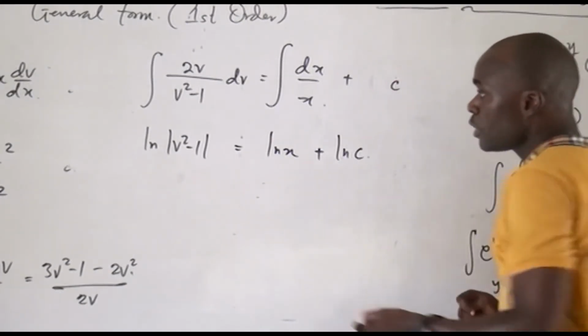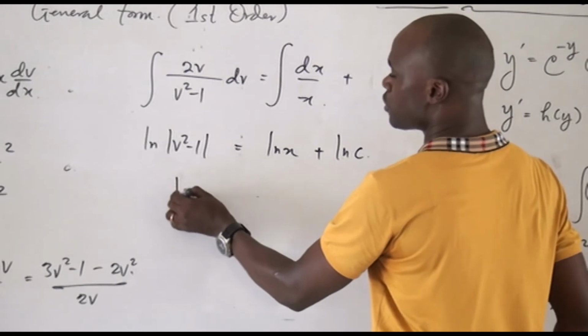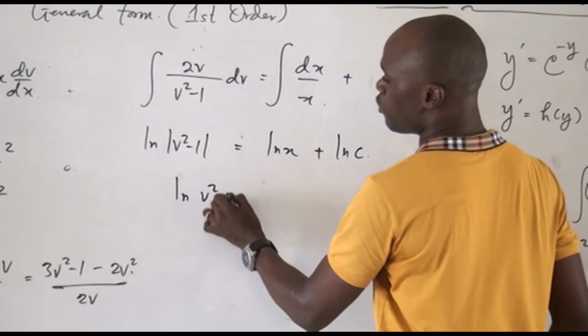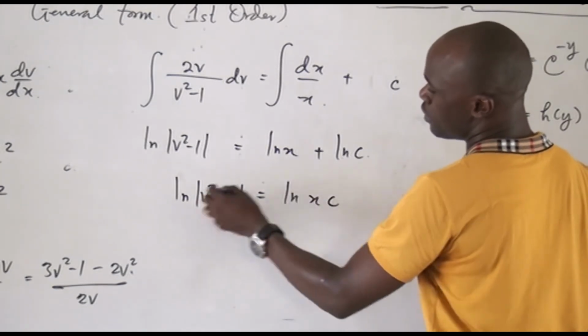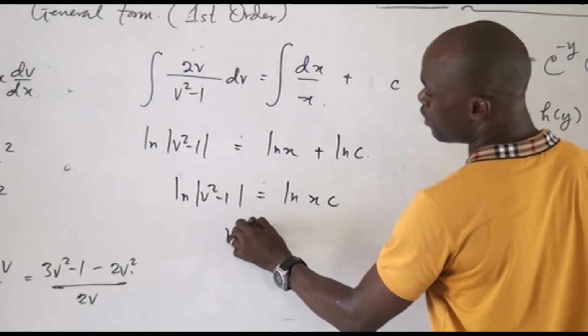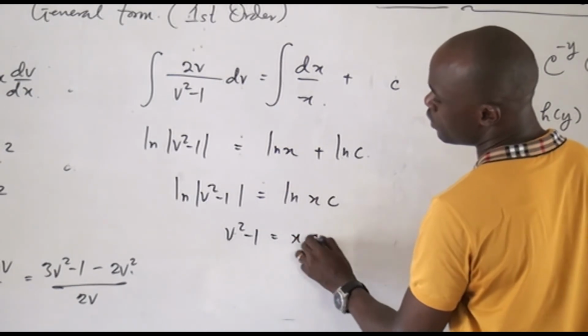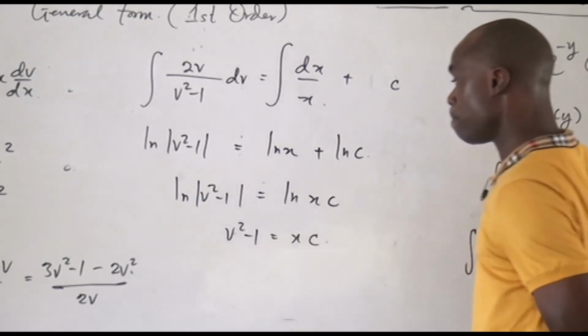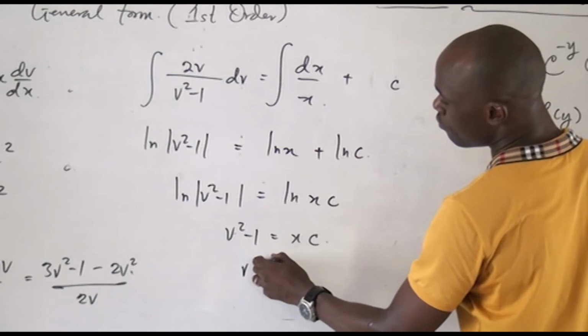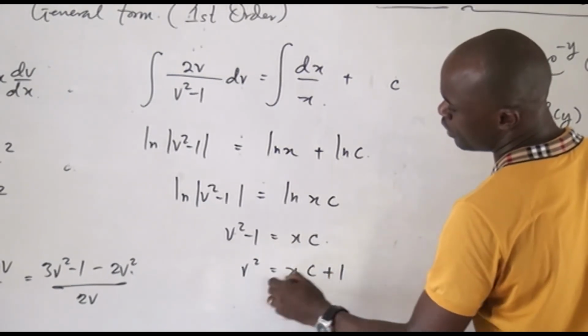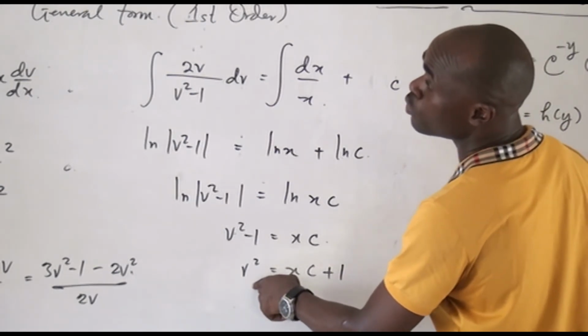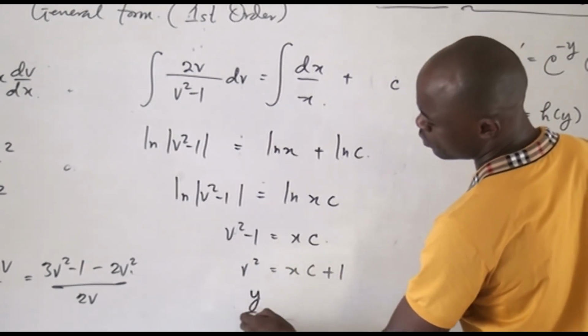So this will give us ln of v squared minus 1 equals ln of xc, and you can see that is the same thing as having v squared minus 1 equals xc. And remember that this is v squared equals xc plus 1, and v was actually y over x.